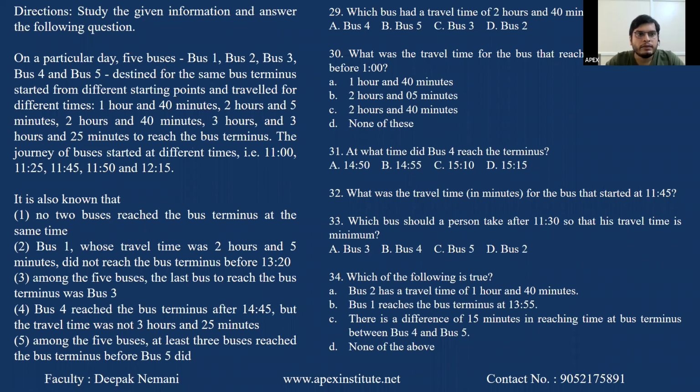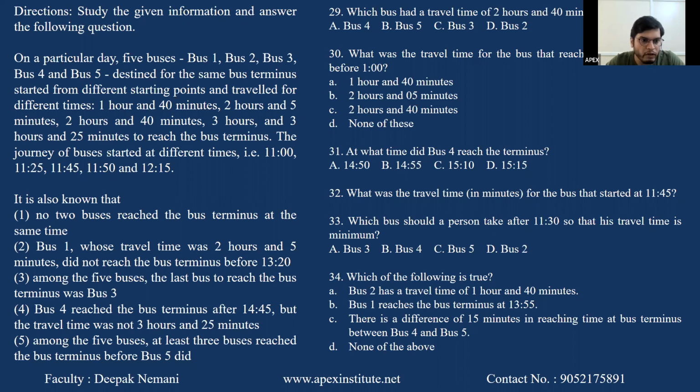Now the third set. On a particular day, 5 buses, bus 1, 2, 3, 4, and 5, destined for the same bus terminus, started from different starting points and travel for different times: 1 hour and 40 minutes, 2 hours, 5 minutes, and so on. And the journeys of the buses started at different times: 11, 11:25, 11:45, 11:50, and 12:50. It is also known that no 2 buses reach the bus terminus at the same time.